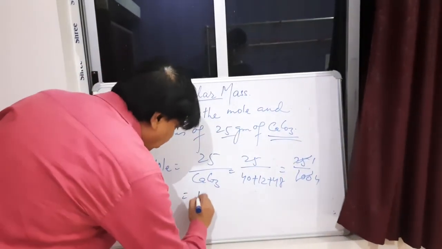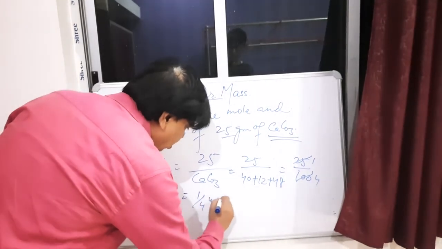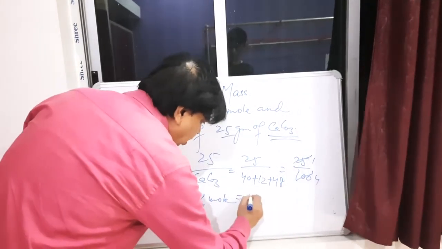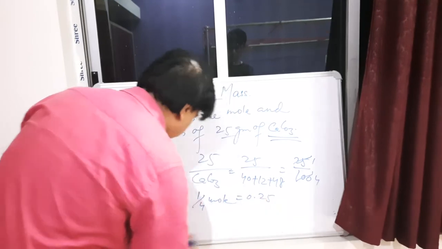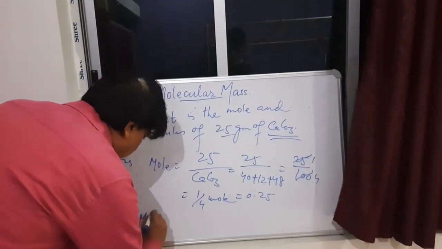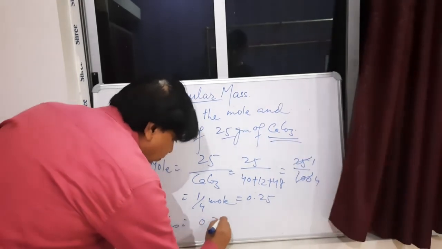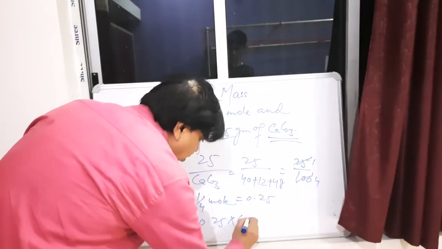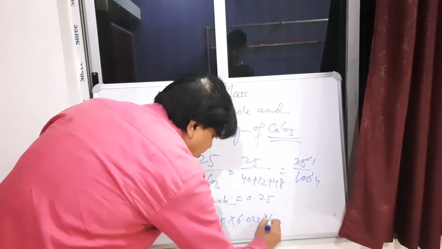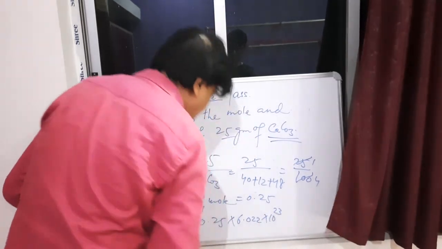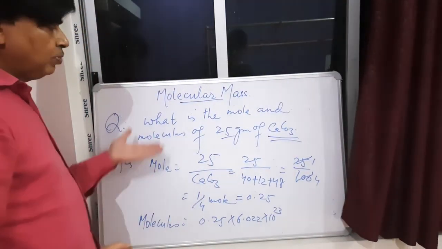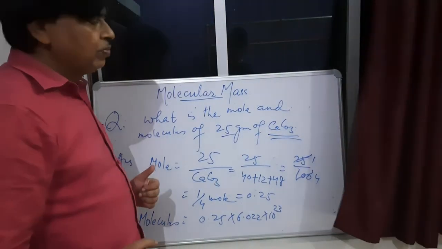It is equal to 1 by 4 mole, equal to 0.25 mole. Now the number of molecules is equal to 0.25 into 6.022 into 10 to the power 23 molecules. So you can find the moles and molecules by the given formula.